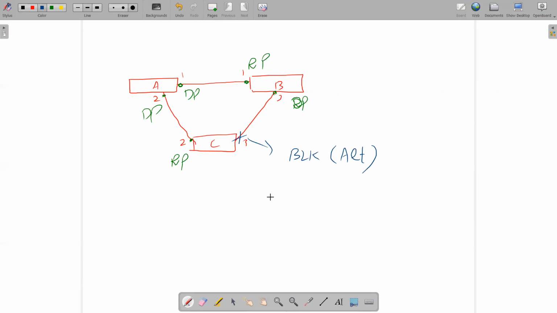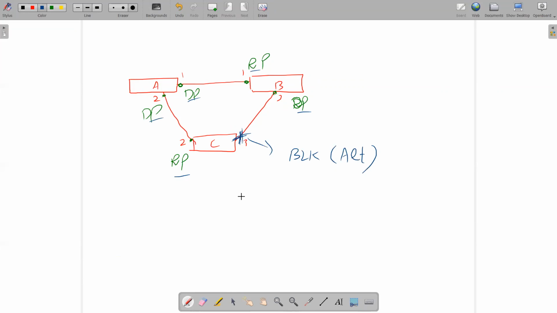Afnan, the last point is we need to figure out how STP works. So we run the algorithm in the manual way, and all the ports have their own statuses, and the port which is left at the last, STP puts this port into the block state. So that's how the STP algorithm works.